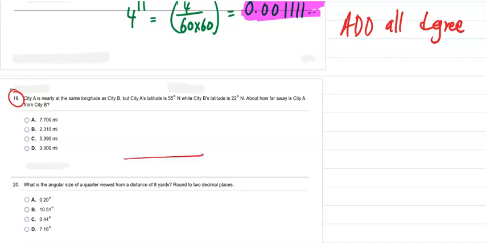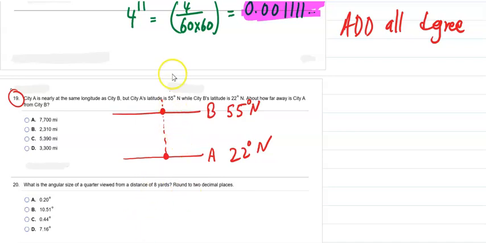Let's say this is A and this is B. Notice that they are at the same longitude. That means if you look at the globe, they are on the same vertical line. So one is just on top of the other city, on the same line.